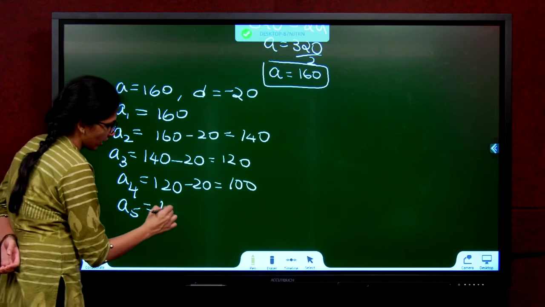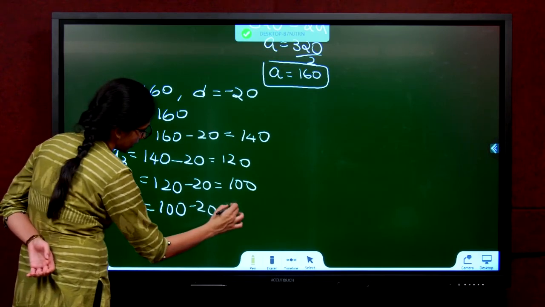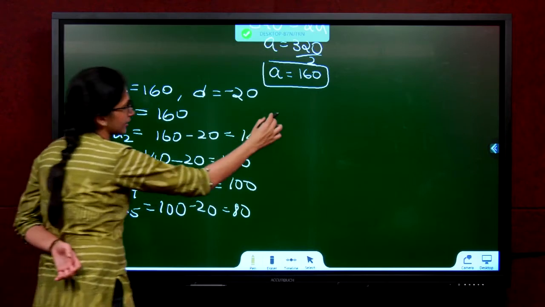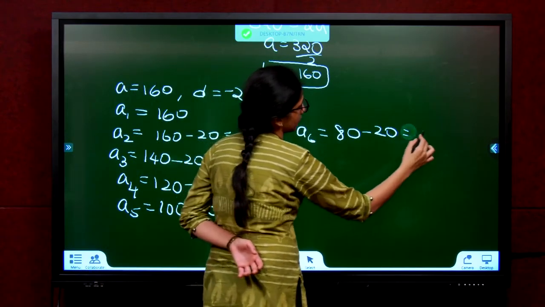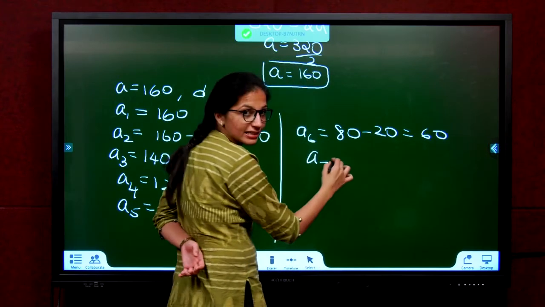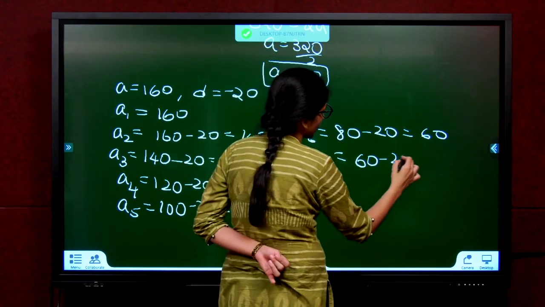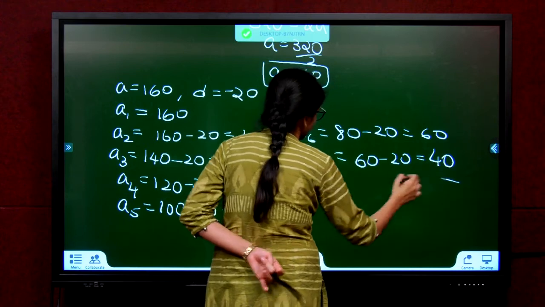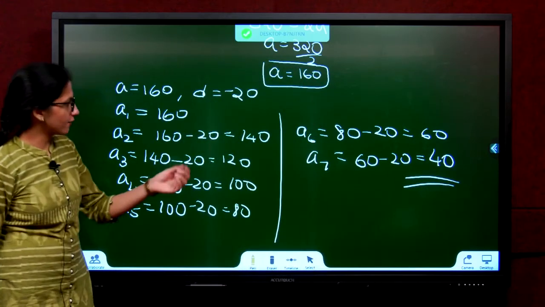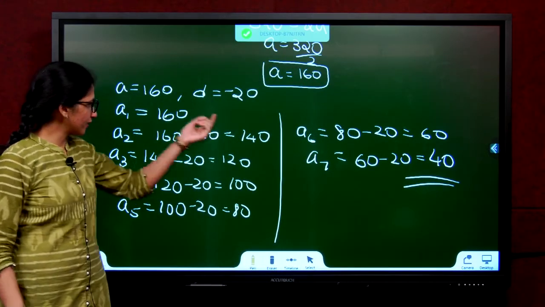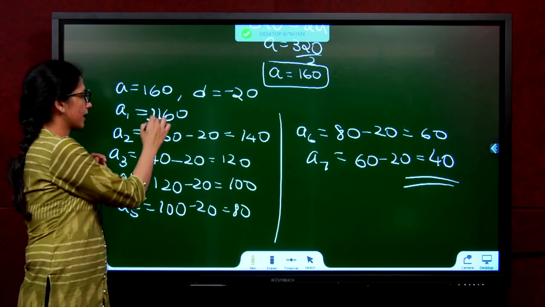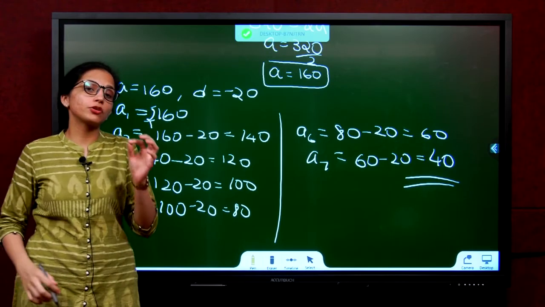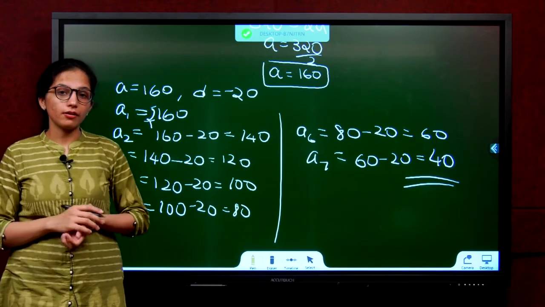A5, 100 minus 20, 80. A6, 80 minus 20, 60. A7, 60 minus 20, 40. So these are the prizes that are given. You can verify this and add. If you add everything, you will get 700. Please put rupees, I have not done that. Please put your units when you write your answer.